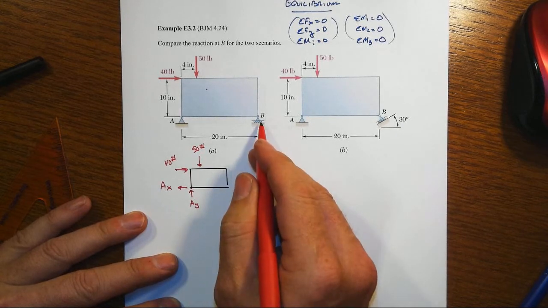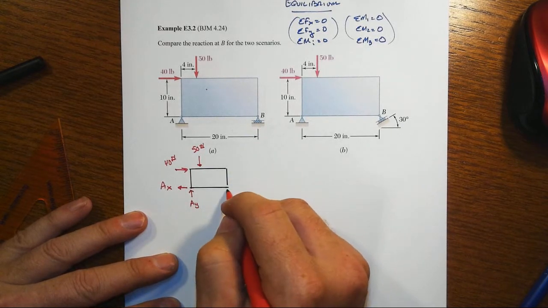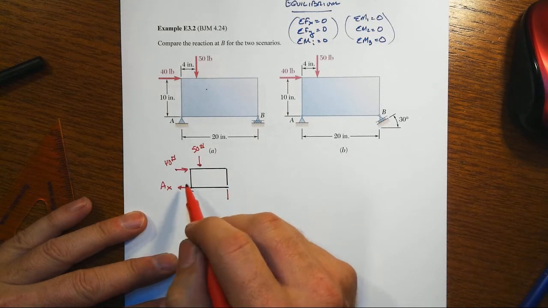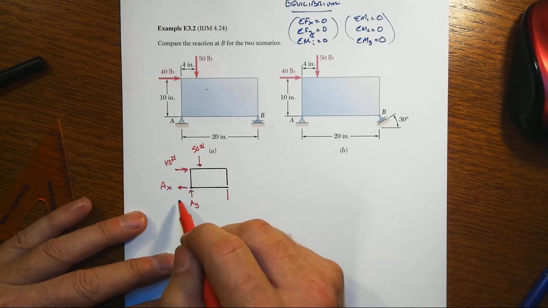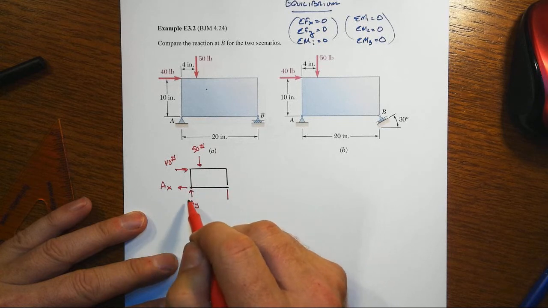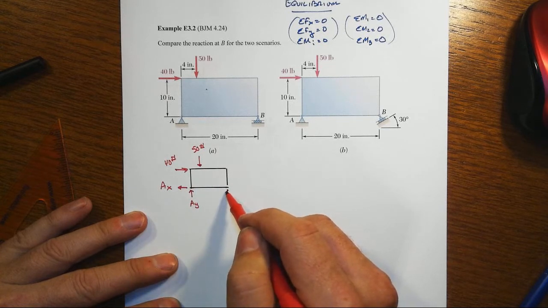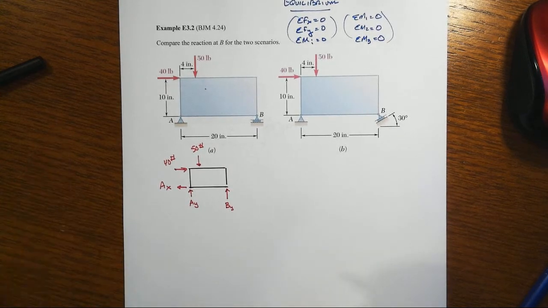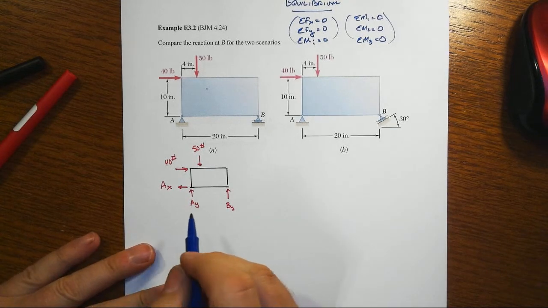We come over to B, it's a roller on a horizontal plane, so that means it's got to be vertical, and since both of these forces tend to want to spin the system around A in a clockwise fashion, that means BY has to be going in the other direction, right? And so with that, we have a pretty straightforward little setup here.